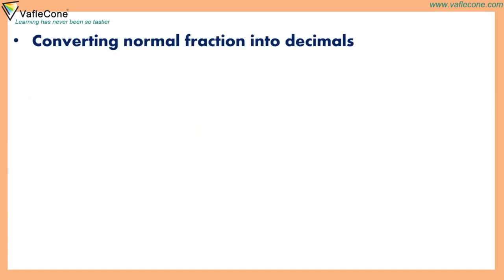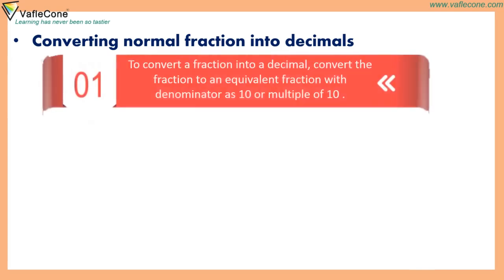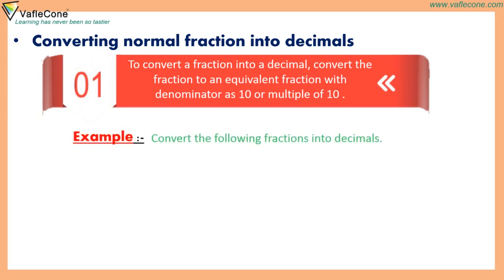Converting normal fractions into decimals. To convert a normal fraction into a decimal, convert the fraction to an equivalent fraction with denominator as 10 or a multiple of 10. For example, convert the following fractions into decimals. A. 4 by 5.